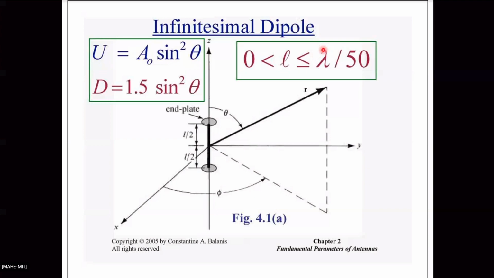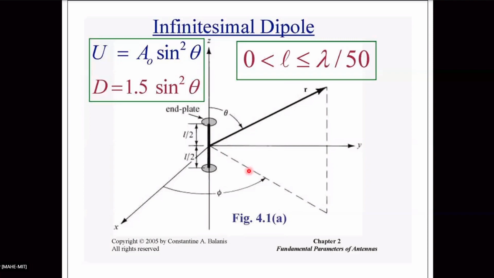Lambda is the wavelength, given by C by F. So if the length is less than or equal to lambda by 50, it is called an infinitesimal dipole. The radiation intensity for that dipole is A naught sine squared theta and the directive gain is 1.5 sine squared theta.